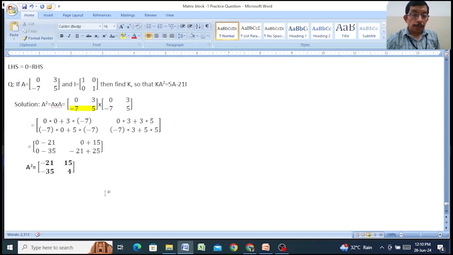Now we find the value of k from the given equation. What is the given equation? KA square is equal to 5A minus 21I. Note it down here. Now put all the values in this equation.